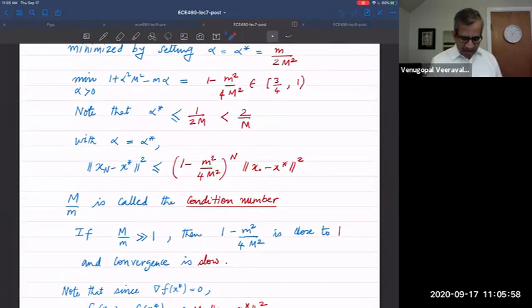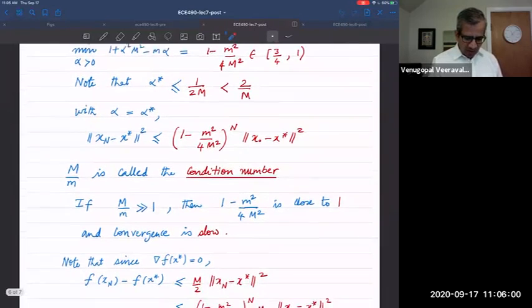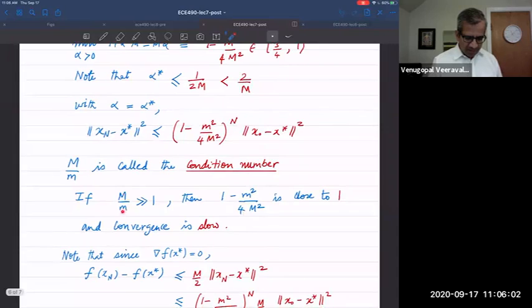This ratio of capital M to m is called the condition number, and you want this to be close to 1 if you want a fast rate of convergence. If M is much bigger than m, in other words, the upper and lower bounds on the first order Taylor expansion are vastly different from each other, then you get slow convergence.